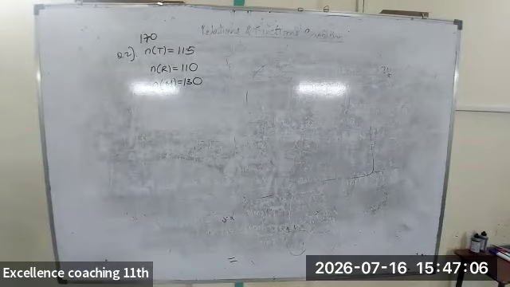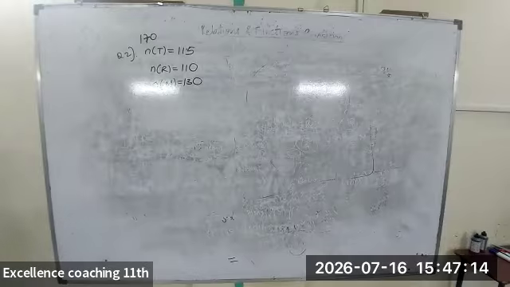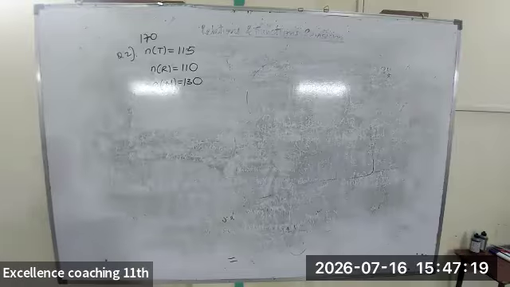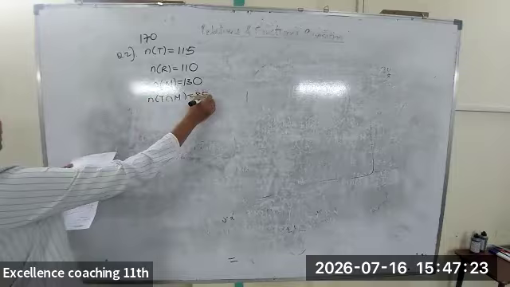Now next is what? 85 use television and magazine. So right, T intersection M, 85.